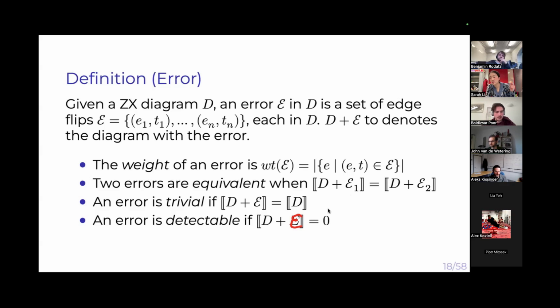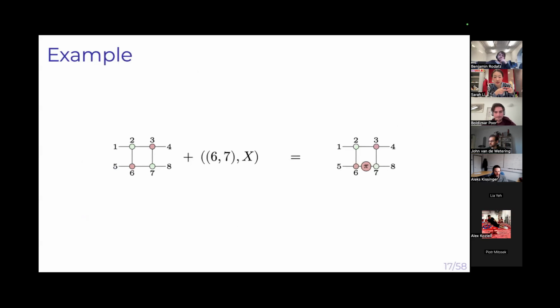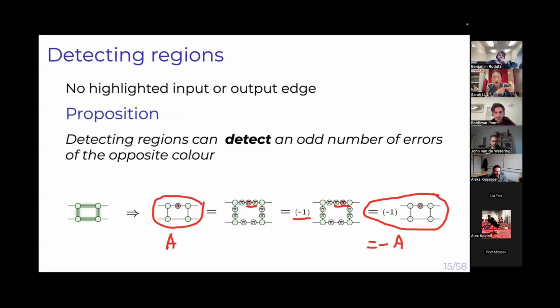Can you go back to the previous slide where you have the detectable region, the example? I wonder, what if you have a more complicated diagram where the connectivity between spiders is more than just this? Because now you're doing a diagrammatic rewrite, and because it's simple, it's easy for you to get -1. But what if you have a more complicated diagram? We do have a proof for this. It's a very similar process.